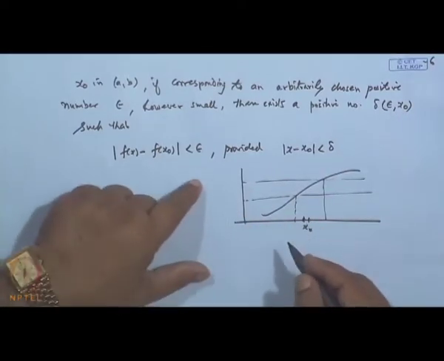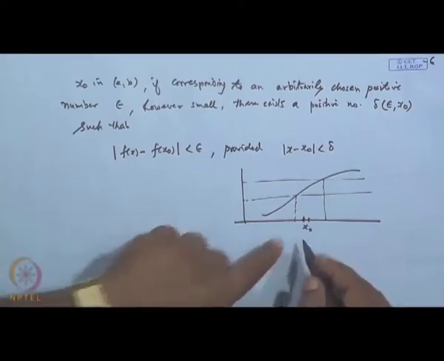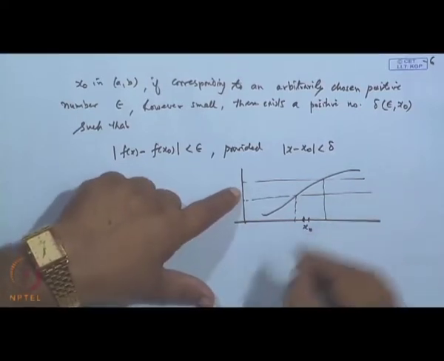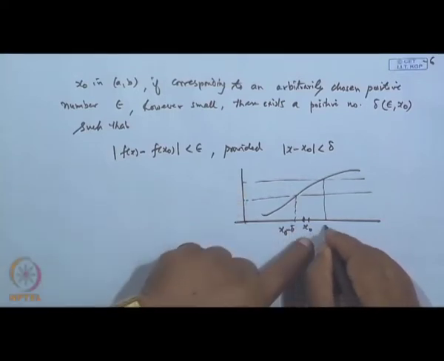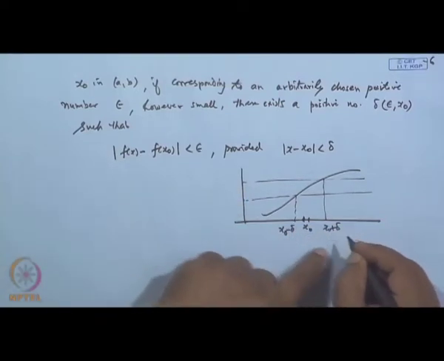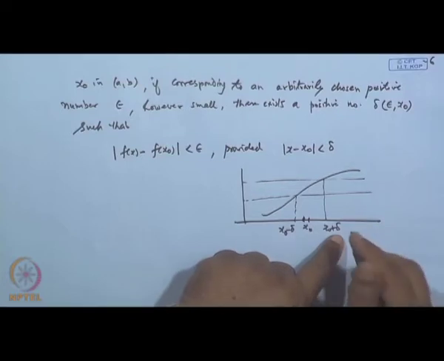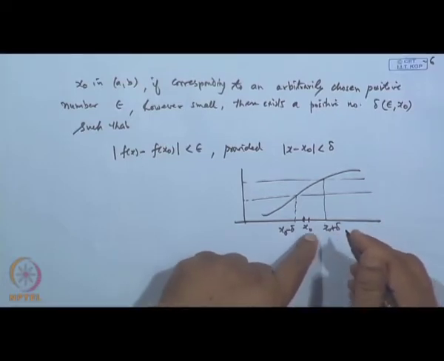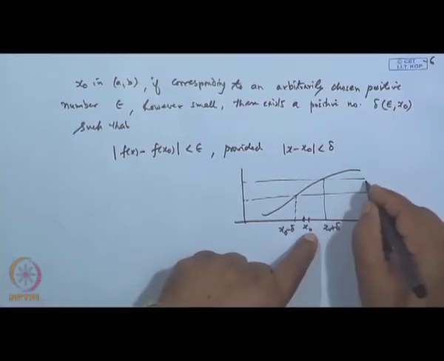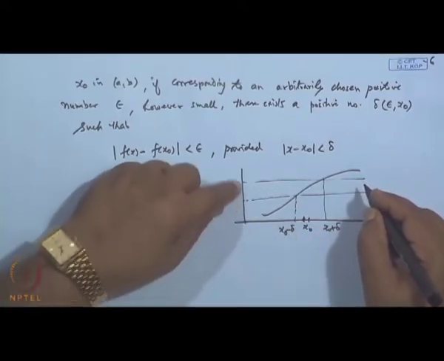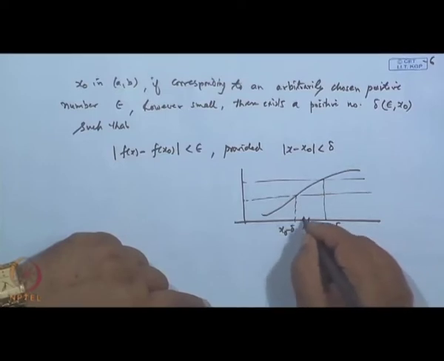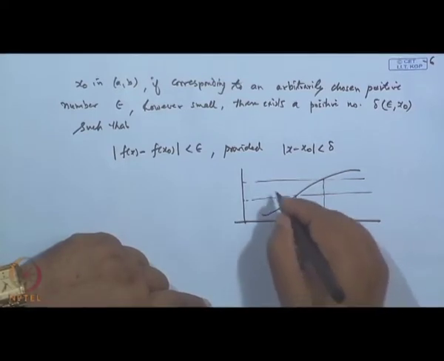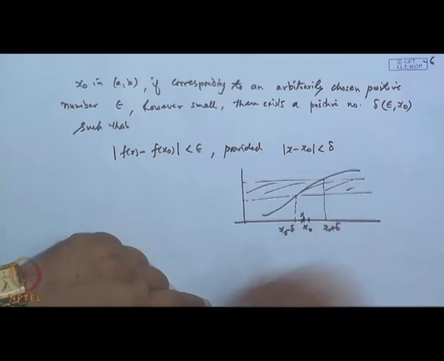It means that if epsilon is given, then we can find a neighborhood of x naught, say x naught minus delta and x naught plus delta. A neighborhood can be obtained with respect to this given epsilon, with respect to the bound which is given here, such that the image of any point x will always fall within this range.